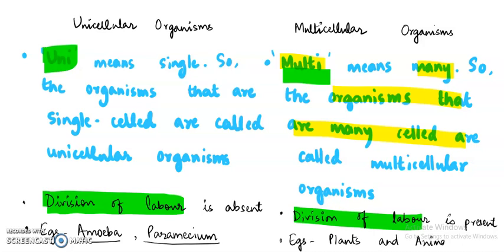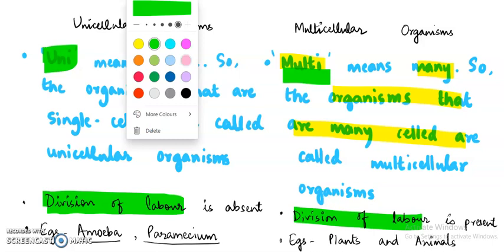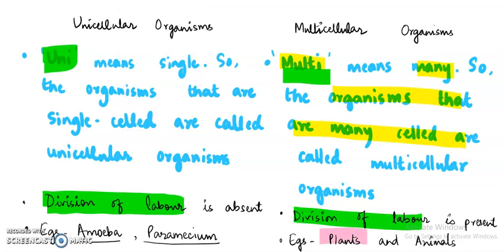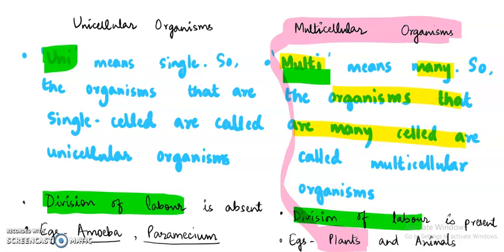As per my teaching experience, I have found out that majority of the students, they don't know that plants are actually multicellular. So please do listen very, very carefully that plants, they come in the category of multicellular because they are being made up of many cells and they do have division of labor in their body, right? So we are done with unicellular and multicellular.